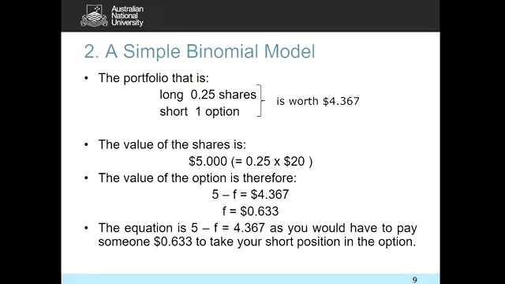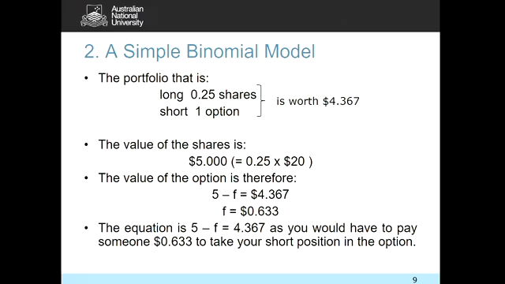So your portfolio is the $5 shares, so a quarter of a share, which is worth $5, and then you've got this call option that you're short in, but it's got a negative value, right? You've already been paid the option premium, so you ignore that. Now think about if I had to get rid of it, I'd have to pay someone the 63.3 cents.